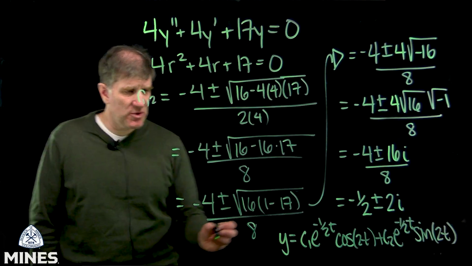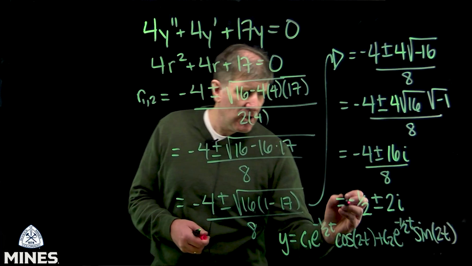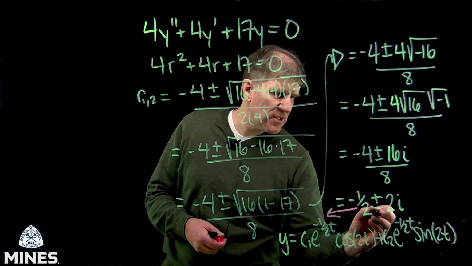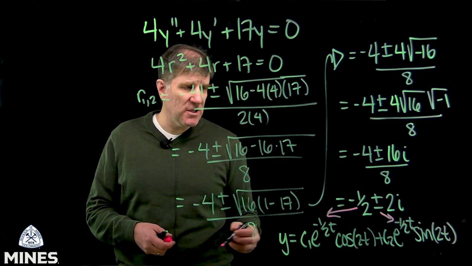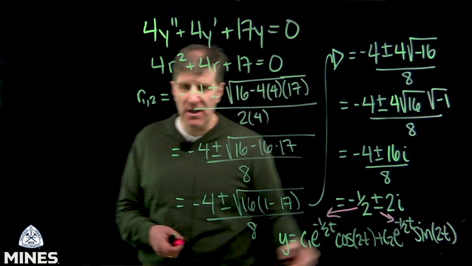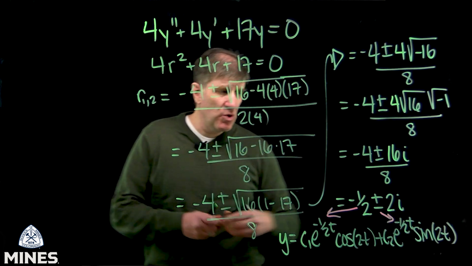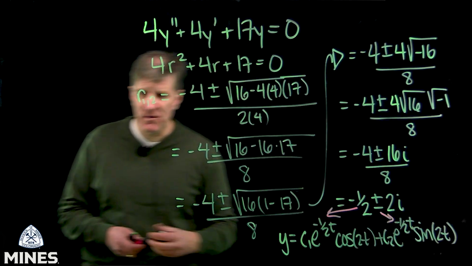Yeah, so that's our general solution. The negative 1/2 goes into the exponent. The real part of our complex number goes into the exponent, and the imaginary part goes in as the frequency in our oscillations. The 2, the coefficient of the i, goes in here, cosine of 2t and sine of 2t.